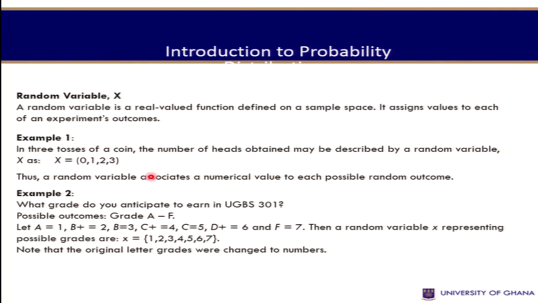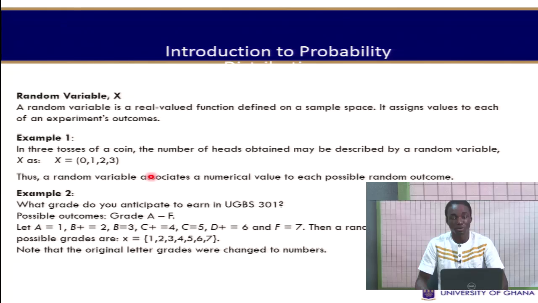these random variables. So a random variable is just a real valued function which is defined on the sample space. And these variables assign values to each of an experiment's outcomes.